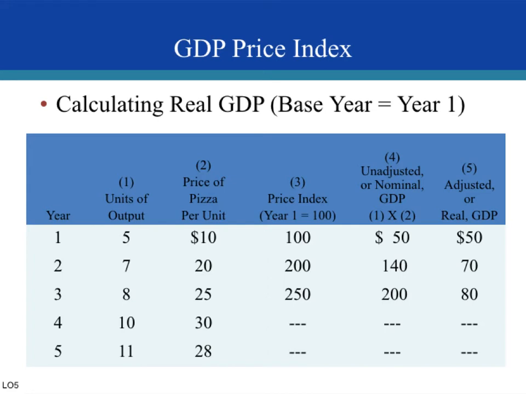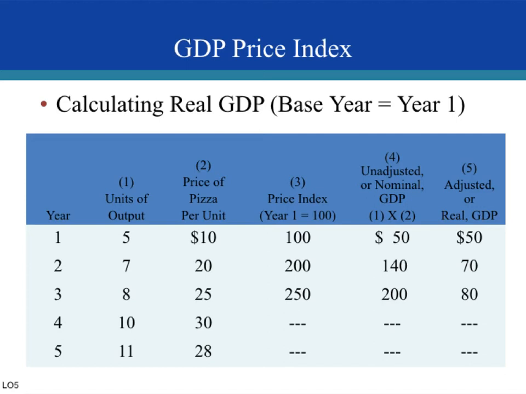So in year 1, there were 5 pizzas produced. Each pizza was $10. So if we go back to our formula, the market basket for year 1 for nominal GDP is $50. Because a basket is several commonly bought items, and in this case, since we're only producing pizza, that's our commonly bought item, so it's 50.